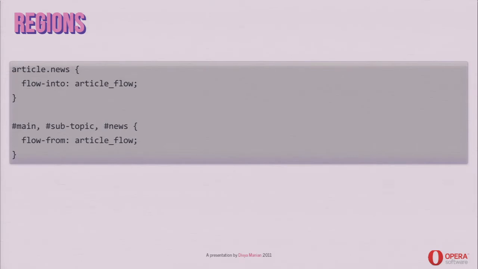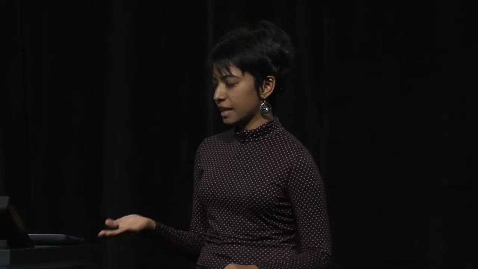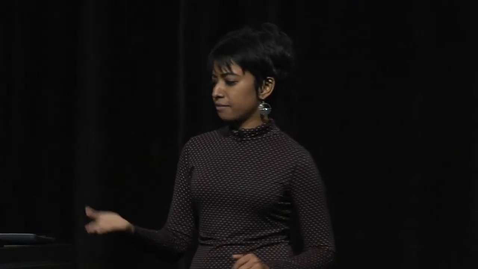And then I need to create regions through which this content will actually flow. And that I create by choosing a multiple list of selectors, and then I set the property flow-from, and put the same named flow, which means that the content that is in that particular flow will flow through these elements. And now each element then becomes a region.